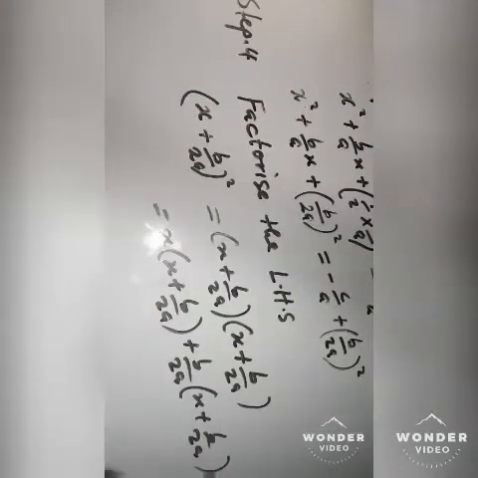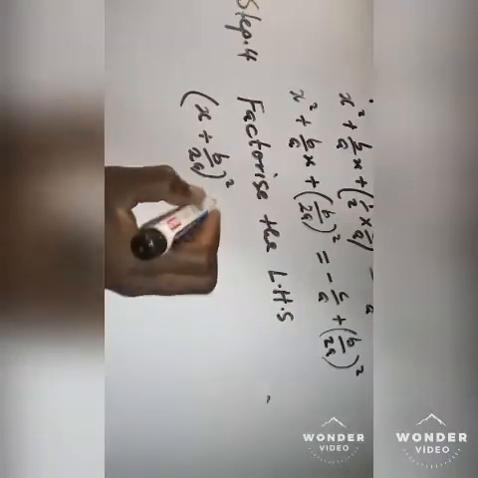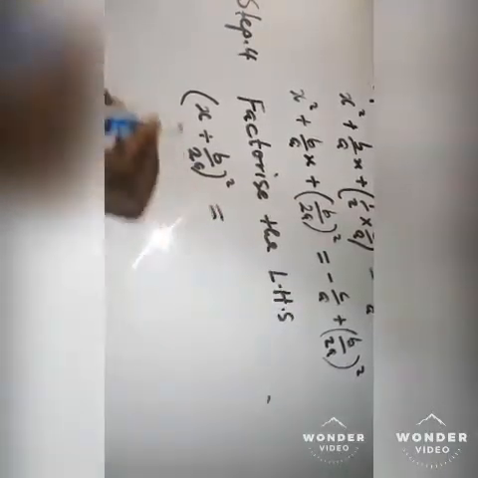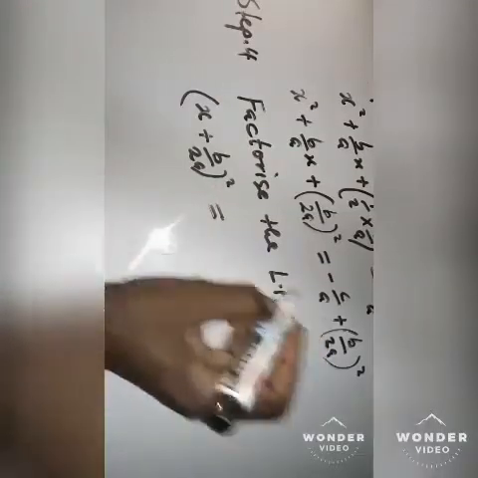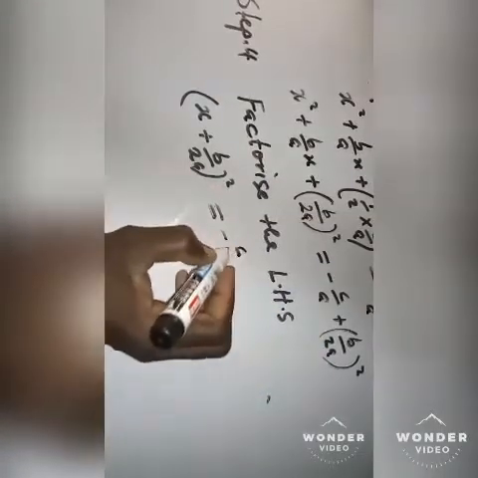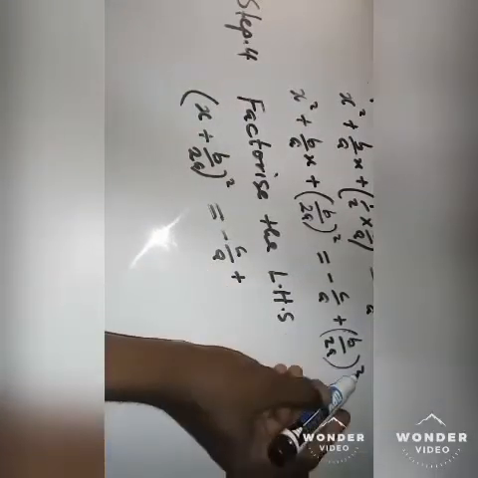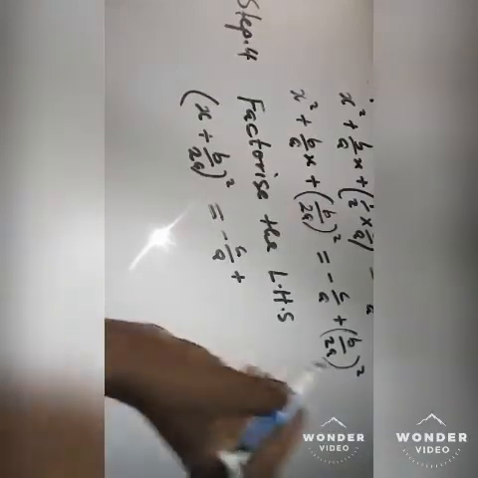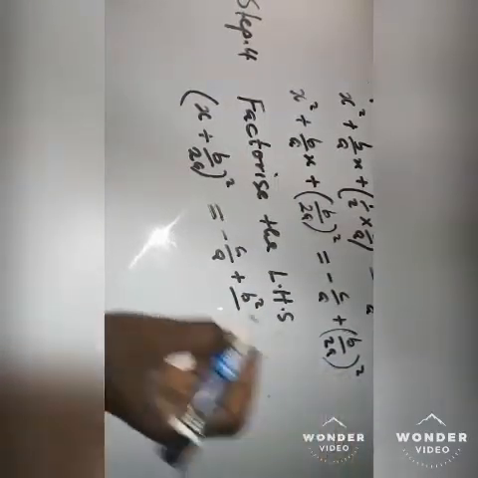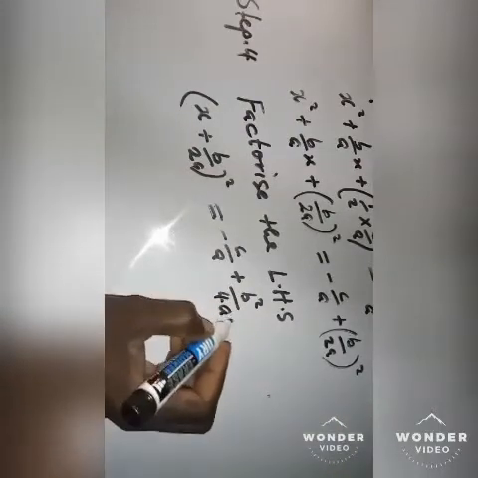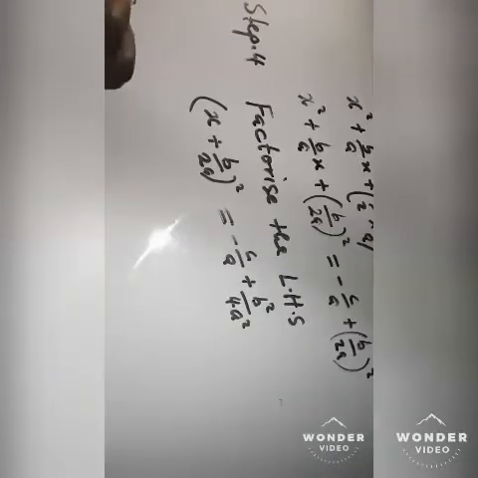You can try it. So factorizing the left hand side, I got x plus b all over 2a all squared. Then there I have negative c all over a plus, now you open this, b squared over 2a squared, you get 4a squared. Is it?